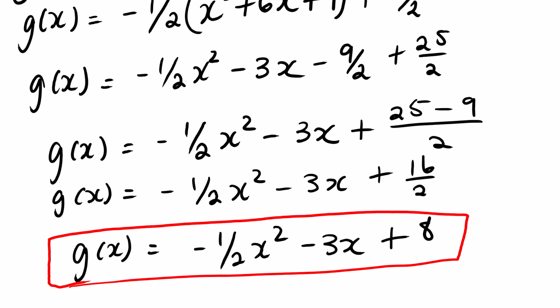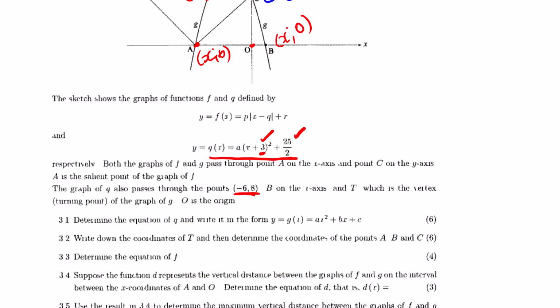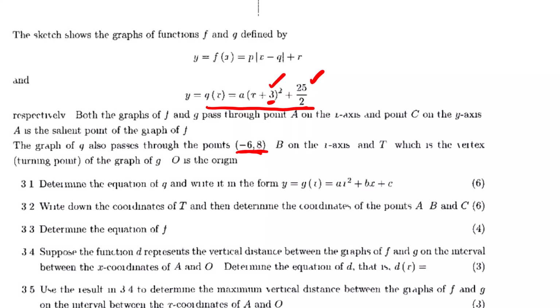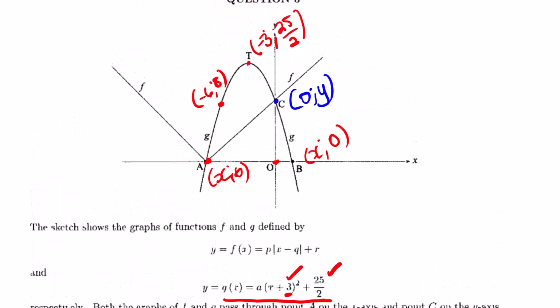Let us move to 3.2. Question 3.2 says write down the coordinates of T and then determine the coordinates of the points A, B, and C. We can go to our graph.